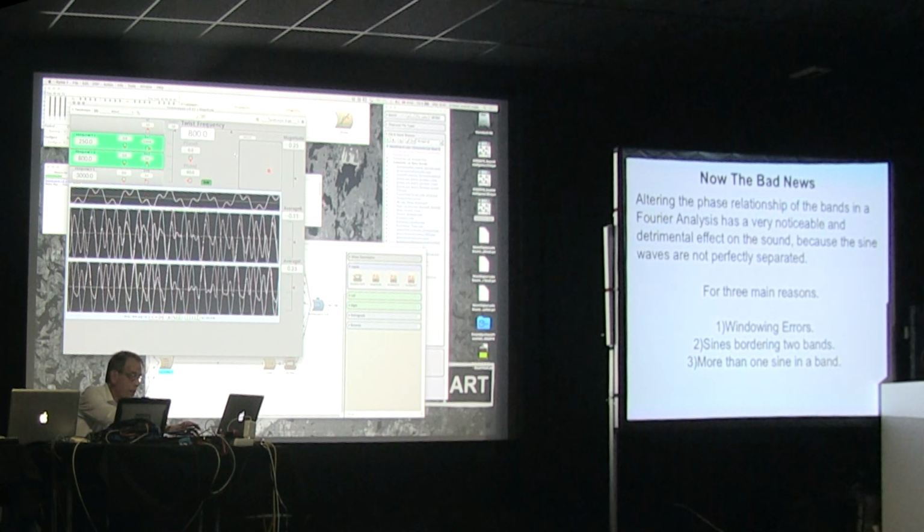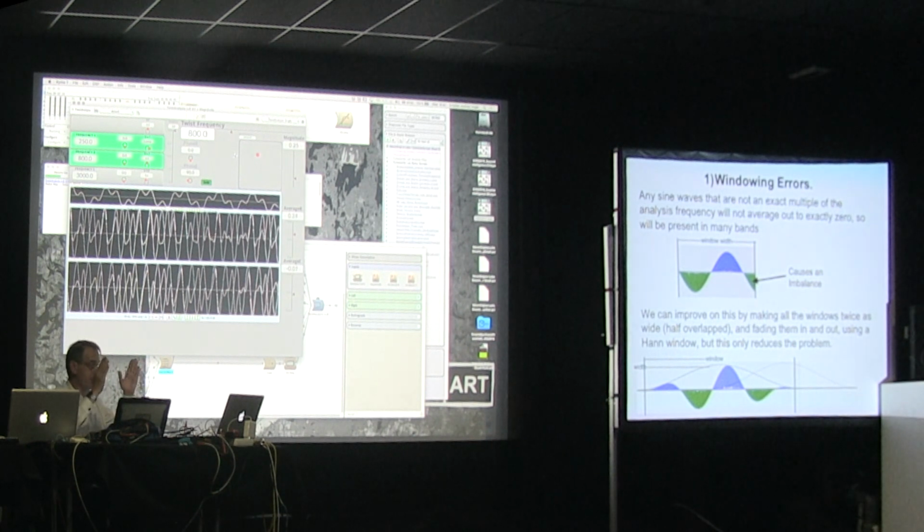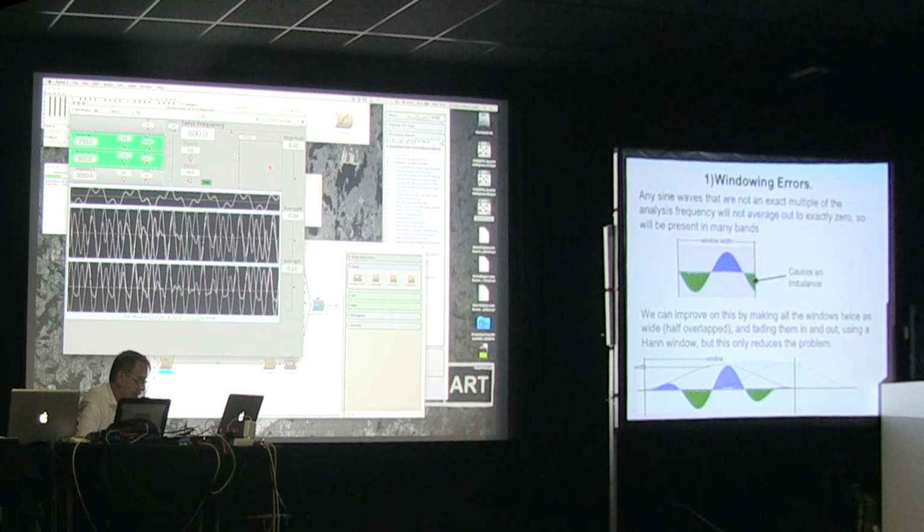Windowing errors: let's say we've got a frequency that isn't an exact subdivision of our window size. Our window size, don't forget, is the period of the lowest frequency we're analysing. What's going to happen is it's not going to average out to zero anymore. You see that little bit of green on there?